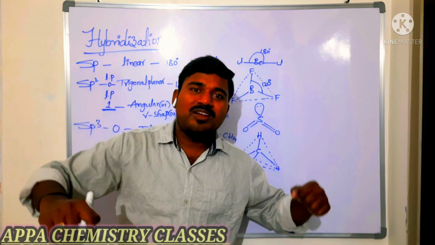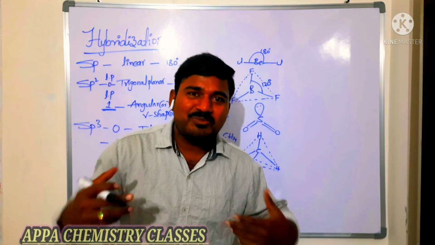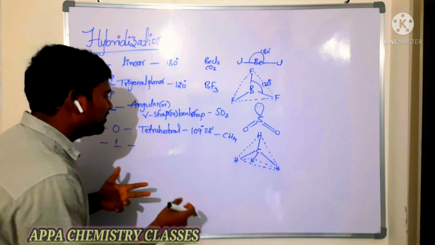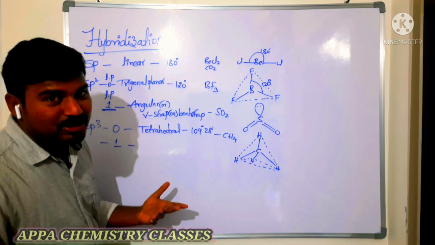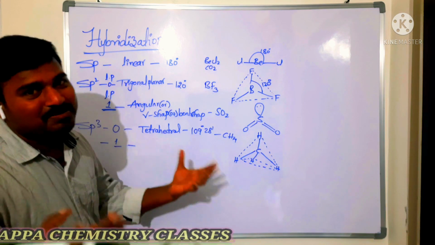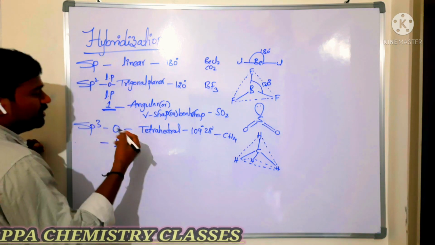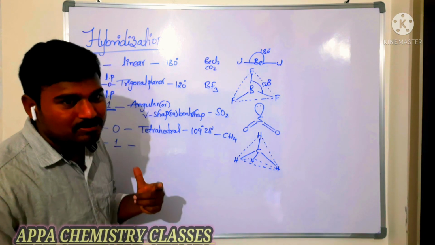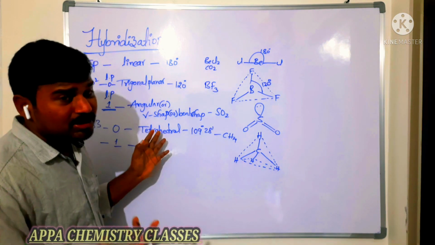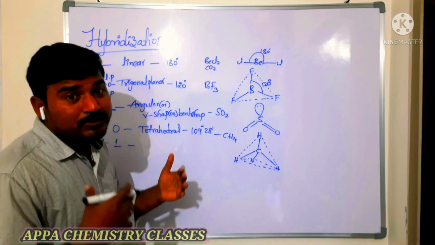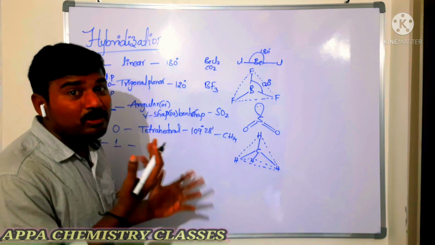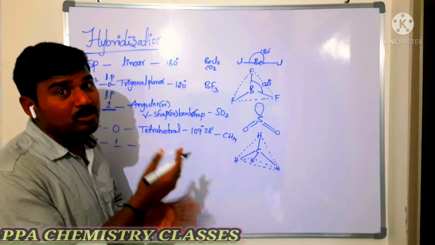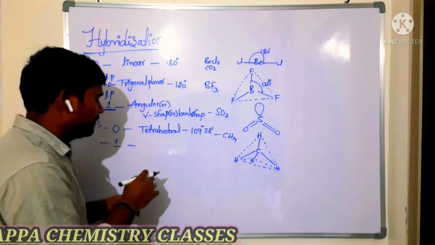So whenever the repulsions increase, the geometry of the molecule will be disturbed. VSEPR theory has also given the order of repulsions: lone pair-lone pair repulsions are greater than lone pair-bond pair, and after that bond pair-bond pair.